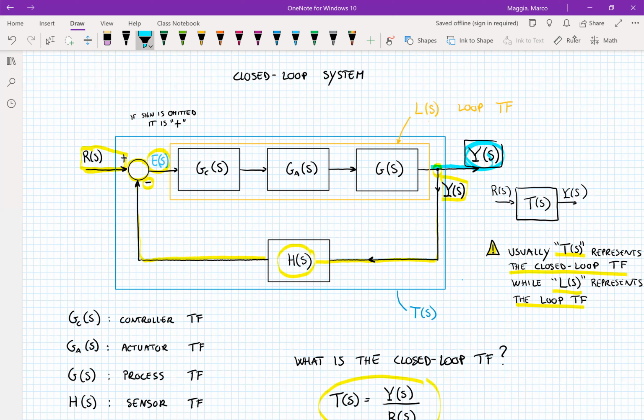Well, if we went downwards, we would go forward in the direction of the arrow, but we always want to go backwards. So we have to proceed to the left. So Y is equal to G times GA times GC times E. And we stop here because E is one of the known signals.